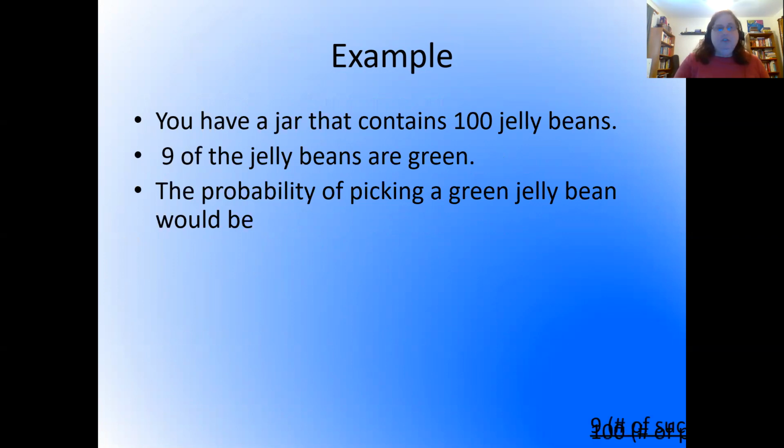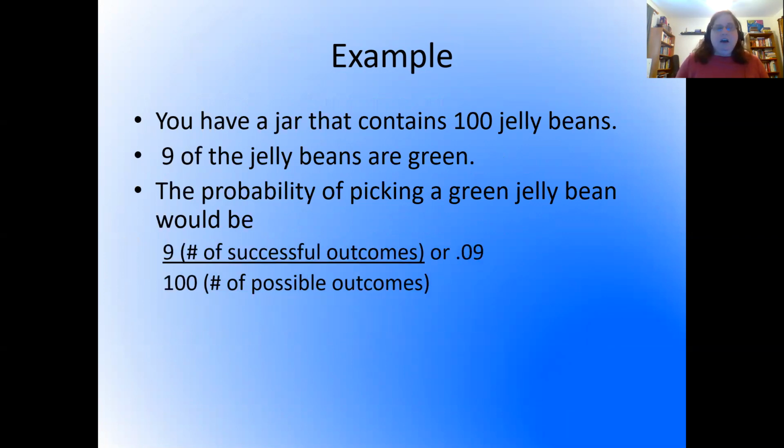Okay, so the answer would be 9 possible successful outcomes over 100 possible outcomes, right? There were 9 jelly beans that were green. There were 100 total jelly beans. So 9 over 100, or 0.09. That's the idea behind probability.